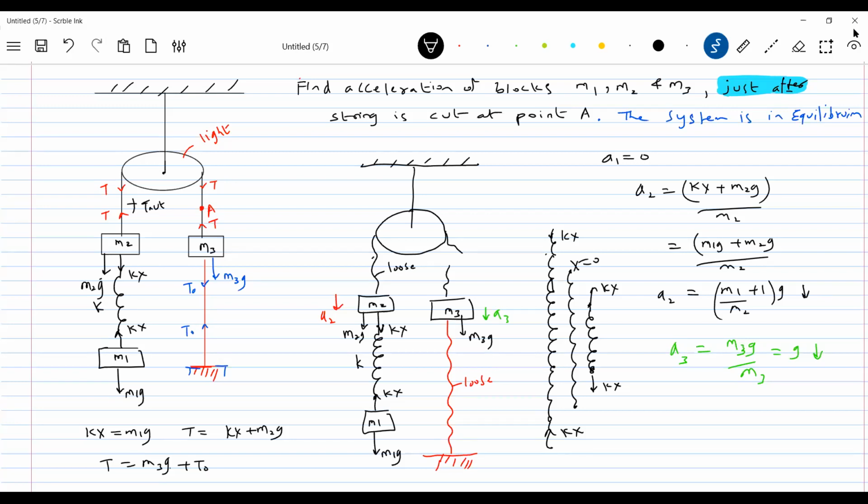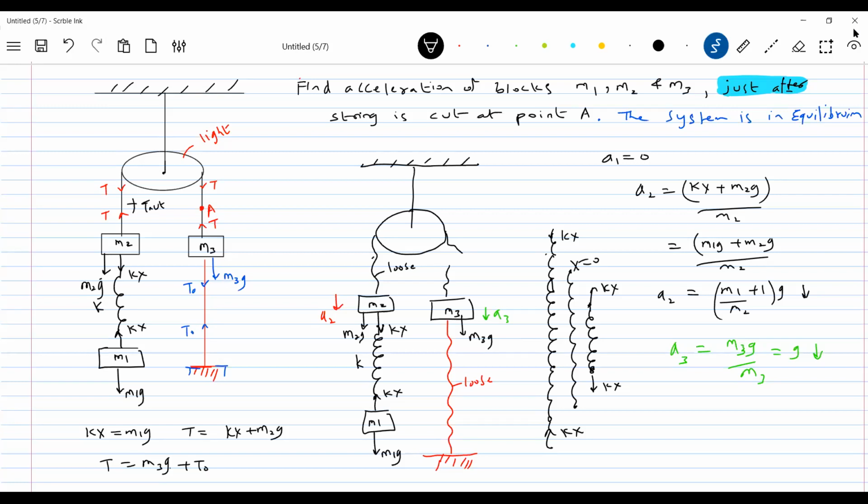Will you agree? We are discussing that instant, no? Just after. What do you mean by just after? I think most of you are still not getting the words just after. Just after the moment we cut the string, we are discussing this problem.